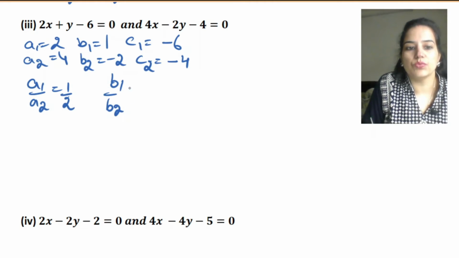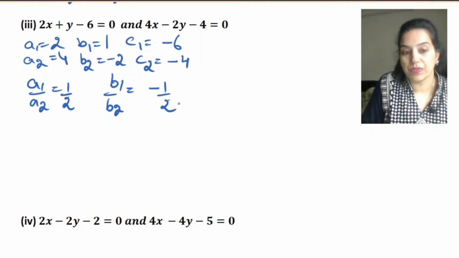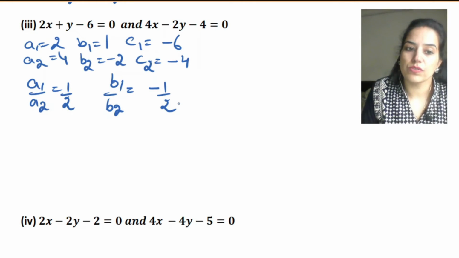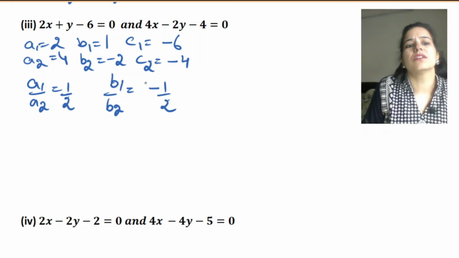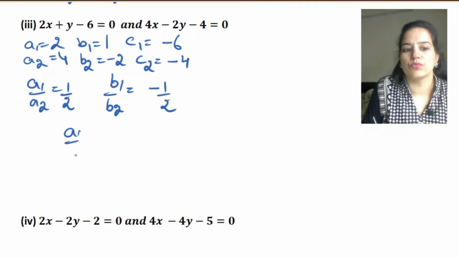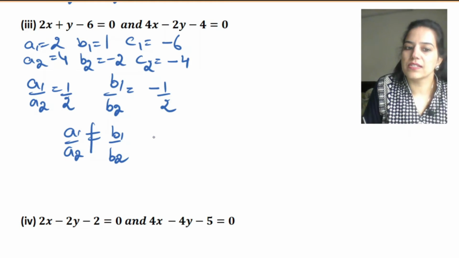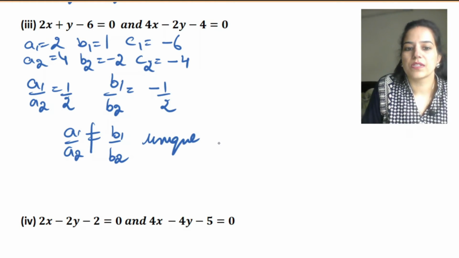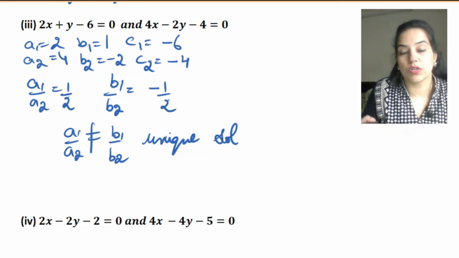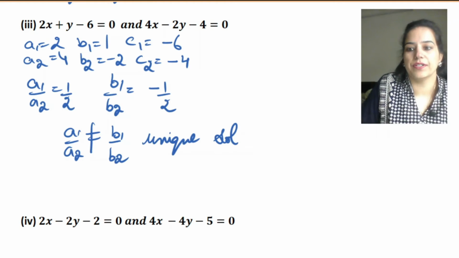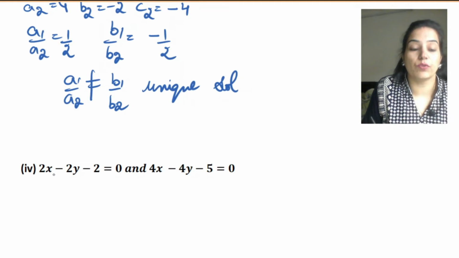B1 upon B2 is -1 by 2. When the first two ratios are unequal, you need not check the third one, right? So A1 by A2 is not equal to B1 by B2. So there is a unique solution. So we'll have to plot the third part also. We'll plot it.